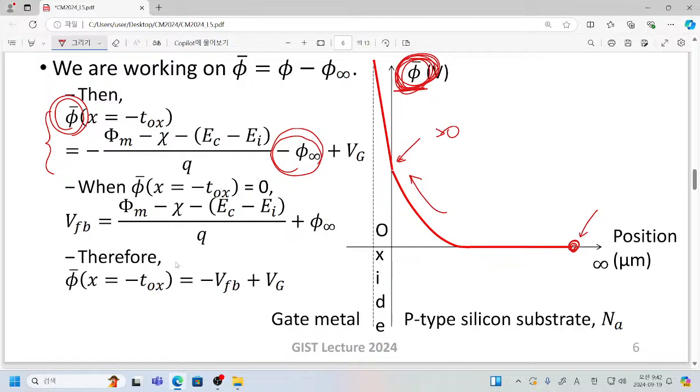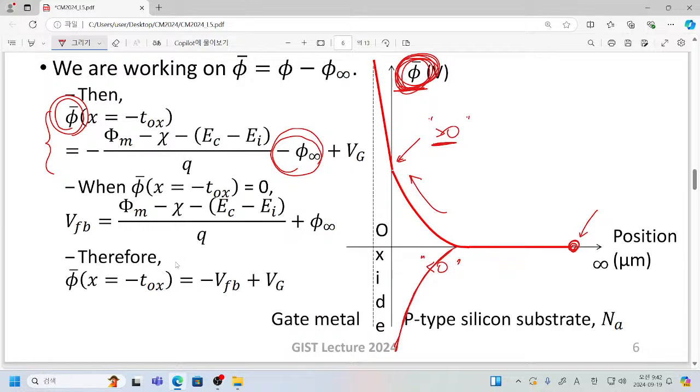If you consider a negative value of this phi bar quantity, it means that we have a downward bending of our electrostatic potential. So depending on the sign of this phi bar quantity, we can say that this is upward bending or downward bending.